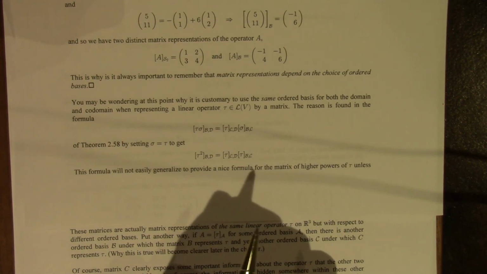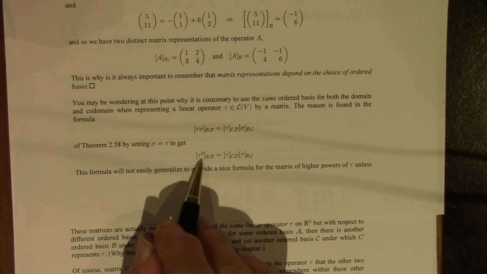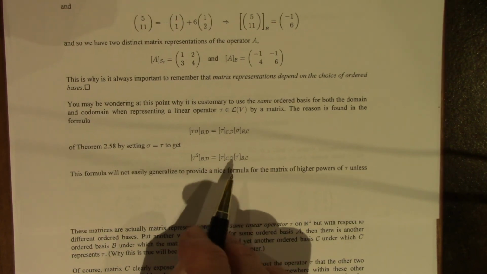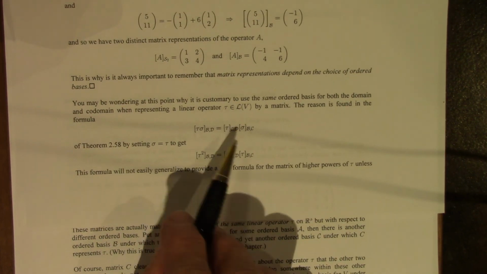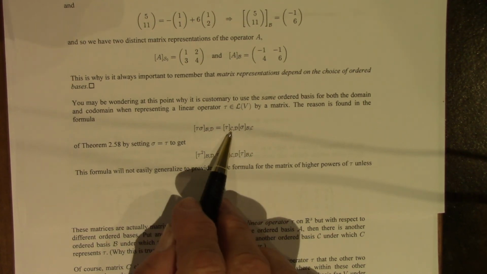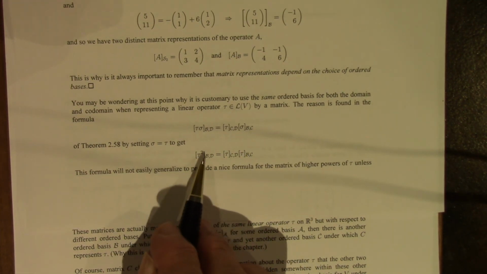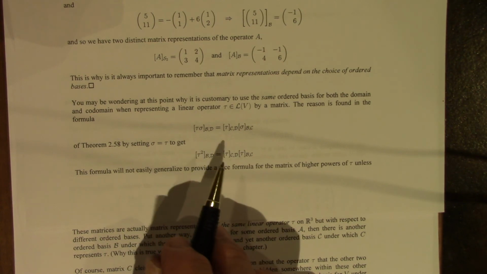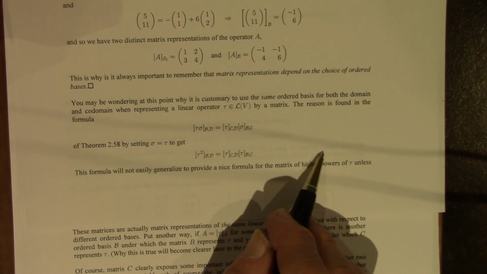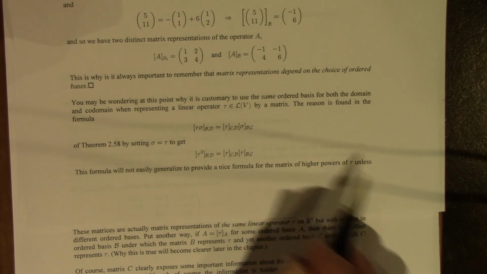We would like to generalize this so that we can get matrix representations for any power of tau. You can see, I think, what's going to happen if we do not take some of these bases to be equal. When this side is tau to the power 10, we're going to have 10 factors over here with a bunch of different bases. It's going to be a mess.